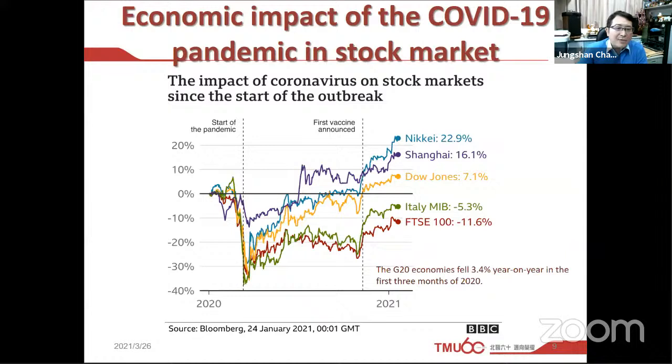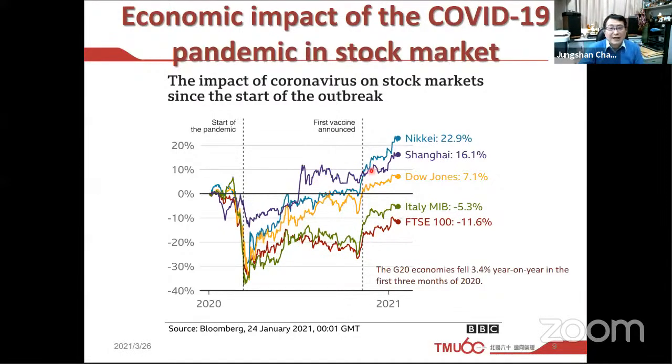Now, in America or Europe, the stock market dropped very significantly. You can see almost a 40% drop per share. Until now, in January this year, it's still kind of bad.